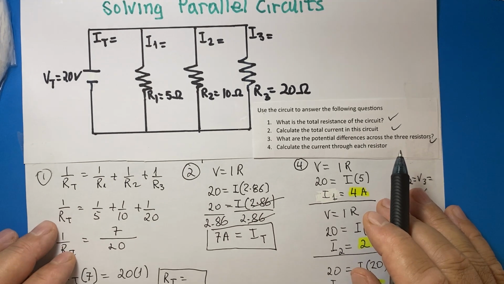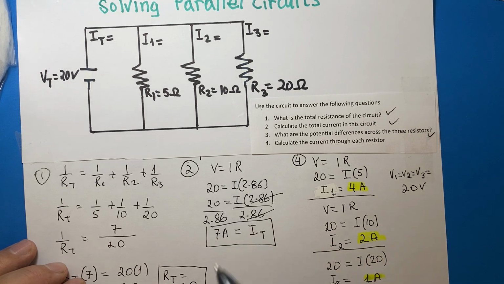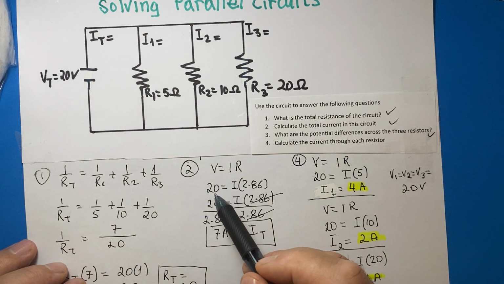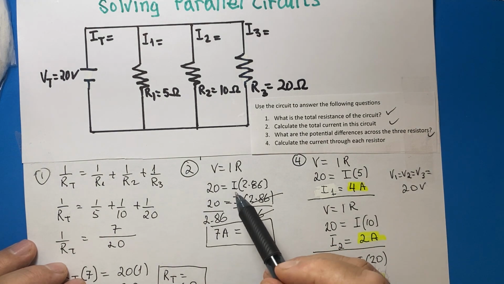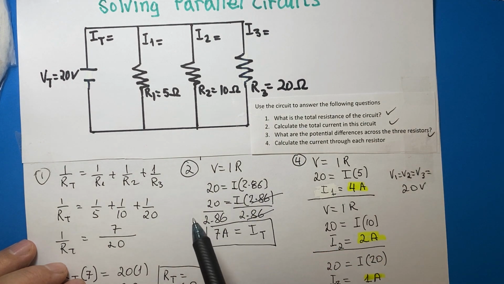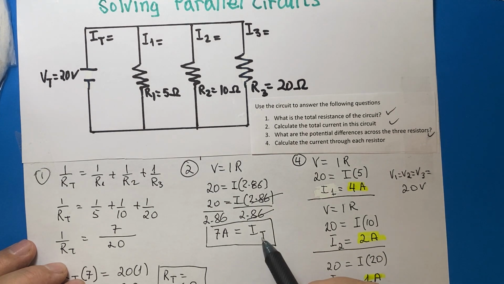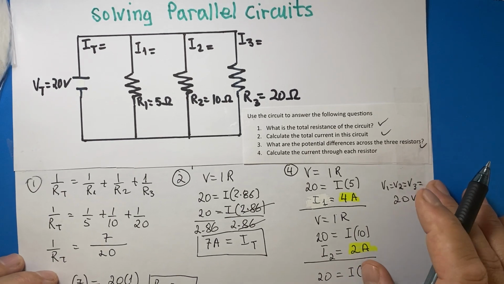So we apply Ohm's law, V equals I times R. Voltage is 20, it is given. Current is required. The resistance is 2.86 ohms. We divide both sides by 2.86 and you get the total current, 7 amperes.